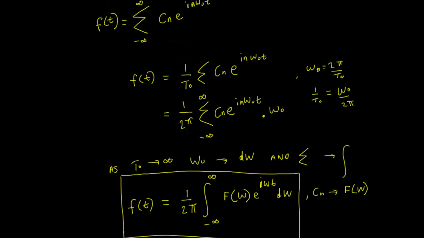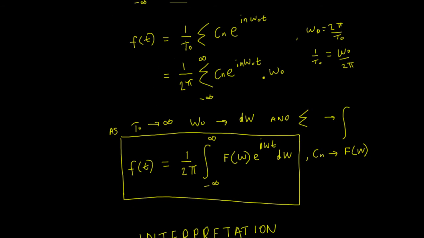Now we can say as our value t0 tends to infinity, then our omega naught will tend to our value d omega, which is a small value of omega, and the summation is going to tend towards an integral sign. So then f of t is 1 upon 2 pi, the integral from minus infinity to infinity, F of omega e to the i omega t d omega.